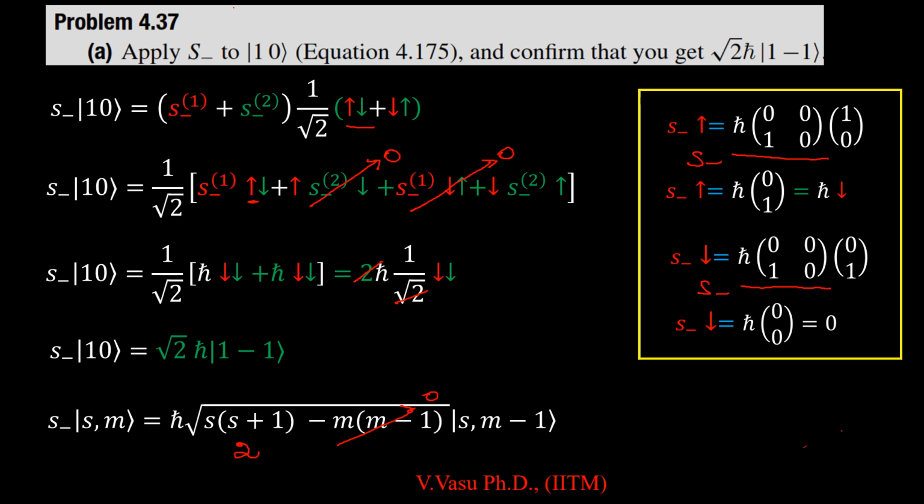So this will become square root of 2 h-bar. Here s is 1 and m is 0, so m minus 1 is minus 1. So we have proved that when the lowering operator acts on ket 1 0, we get square root of 2 h-bar, ket 1 minus 1. Then we will move on to the next part.